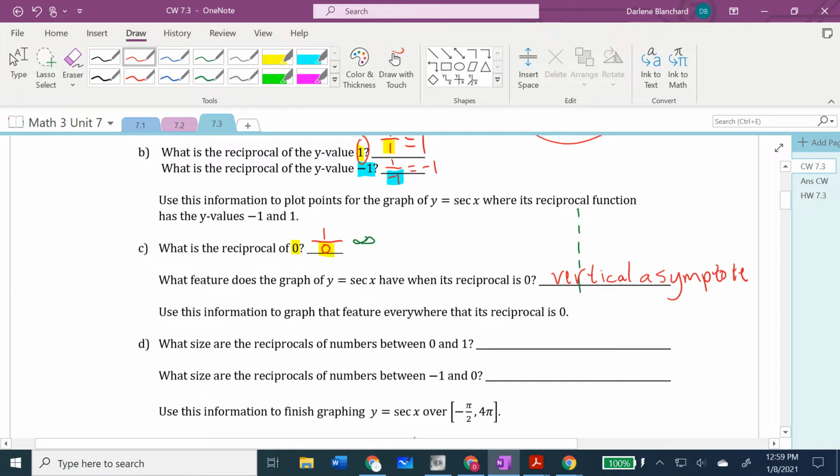So the reciprocals of numbers between 0 and 1 are numbers that are greater than 1. The reciprocals of numbers between -1 and 0 are negative numbers less than -1.